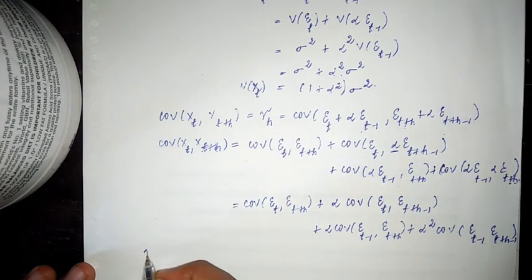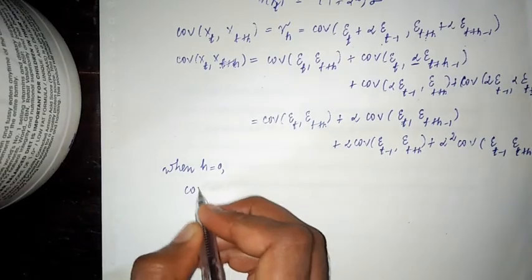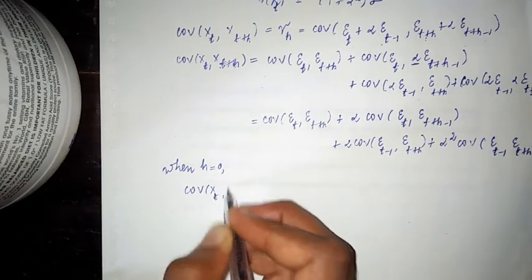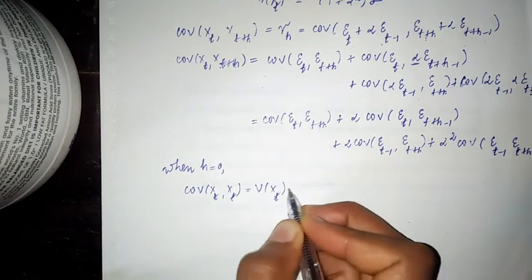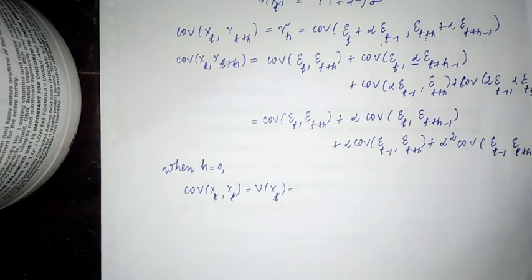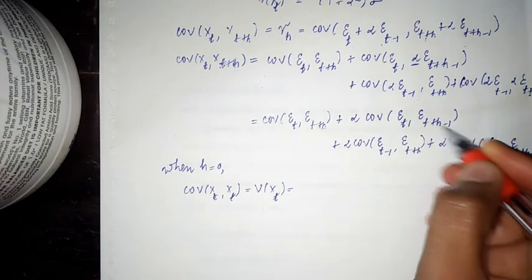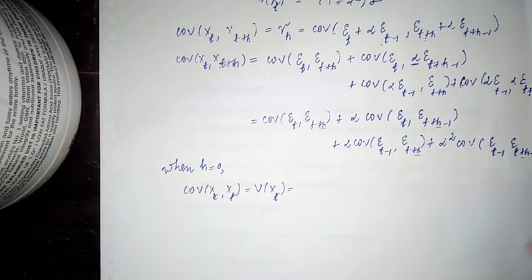Now when h is equal to 0, what is the covariance term? The covariance between x_t and x_t is nothing but the variance of x_t. So here you should substitute 0 everywhere.